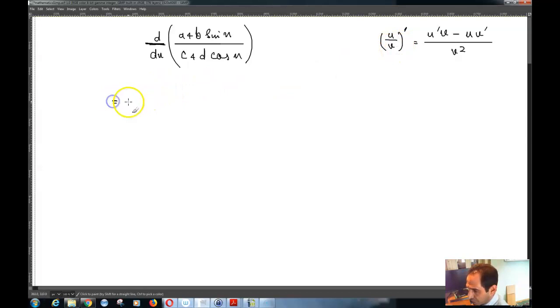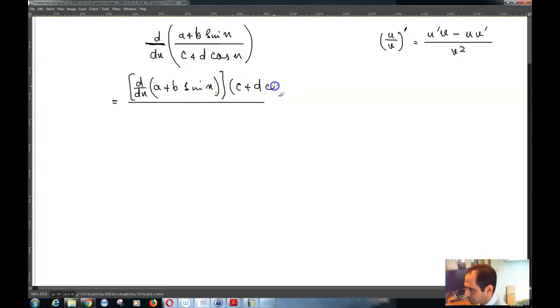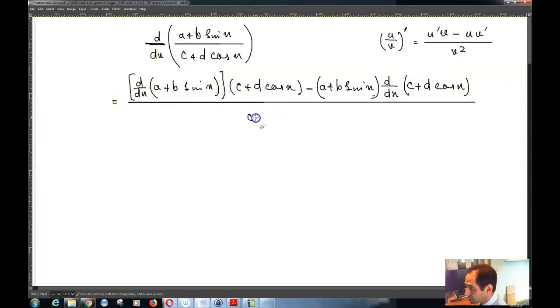So you can write this as basically d by dx of a plus b times sine x times the function in the denominator, which is c plus d times cos x, minus the first function, which is a plus b times sine x, times the derivative of the second function, which is c plus d times cos x. And you want to divide that by c plus d times cos x whole squared.